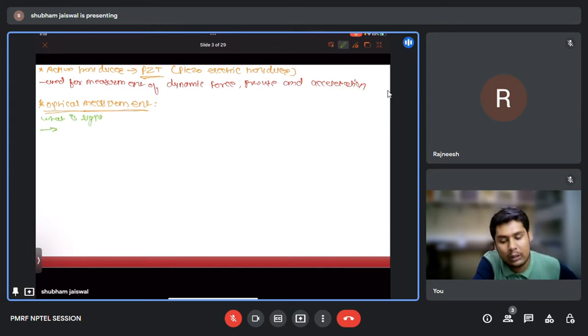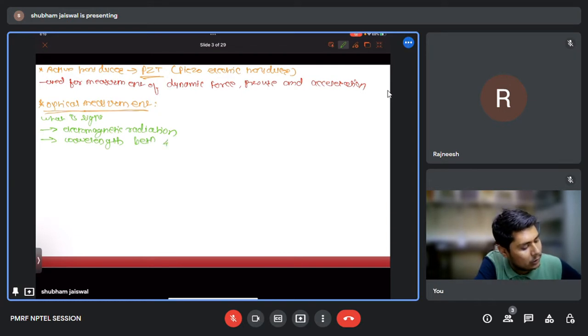Light is nothing but electromagnetic radiation, and the wavelength will be in between 400 to 700 nanometers.